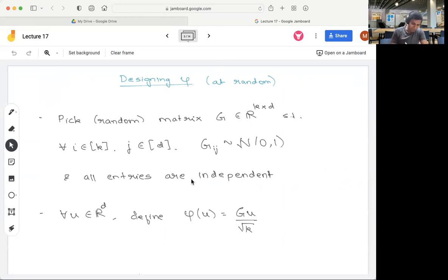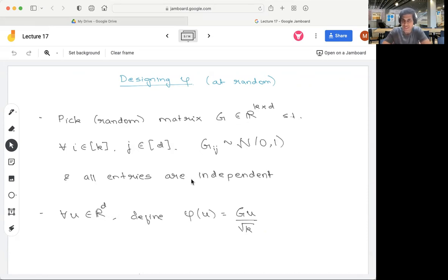Except for convenience, we'll use a scaling, and you'll see why the scaling is necessary in a minute. But think of G as a matrix in which every entry is a standard Gaussian. So this matrix itself is a random matrix, and the linear transformation will just be given by the matrix 1 over root k times G.